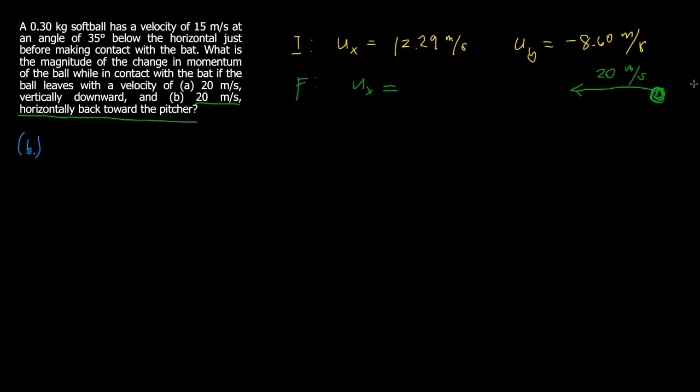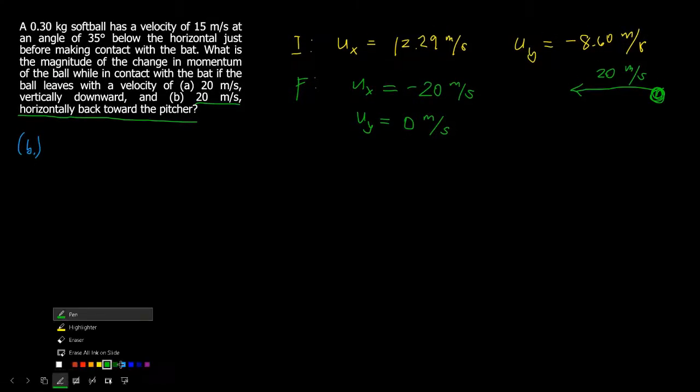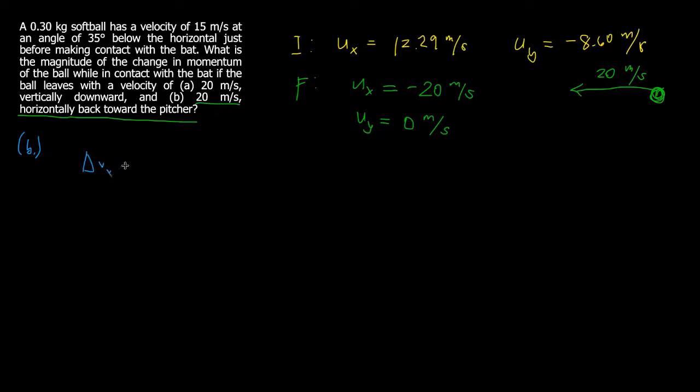Not pa-right. So, since pa-left siya, that is gonna be negative. Then yung velocity, that's 20 meters per second. Tapos yung v sub y naman, since wala naman siyang y velocity, that's 0 meters per second. Now, same procedure, hahanapin natin yung delta v. So, delta v sub x, that is v sub x minus u sub x.